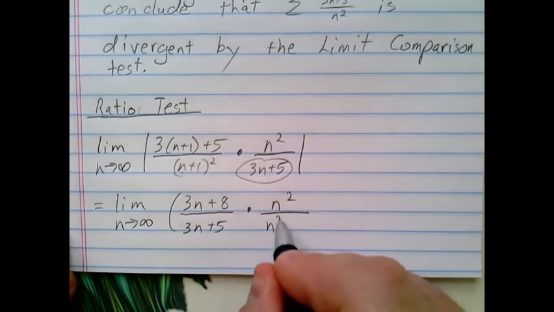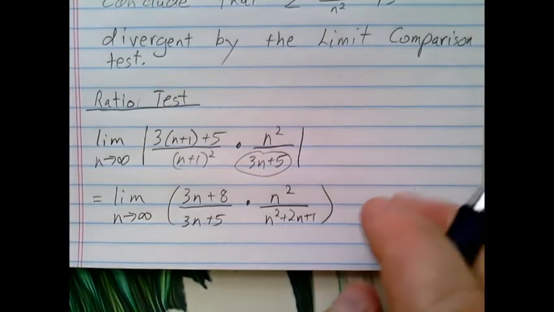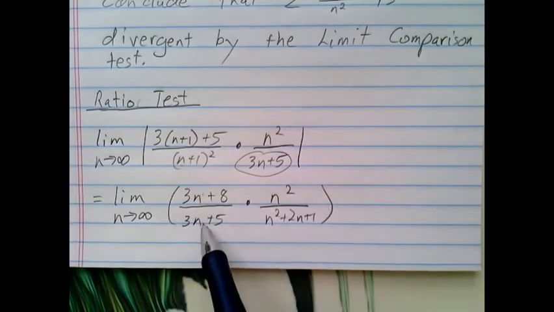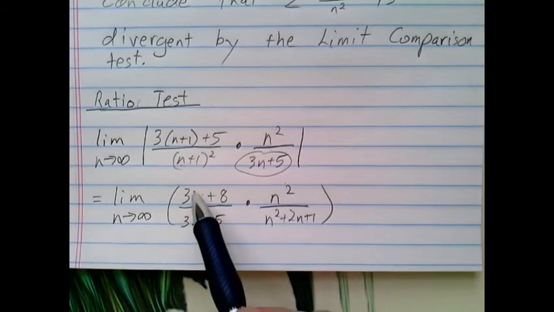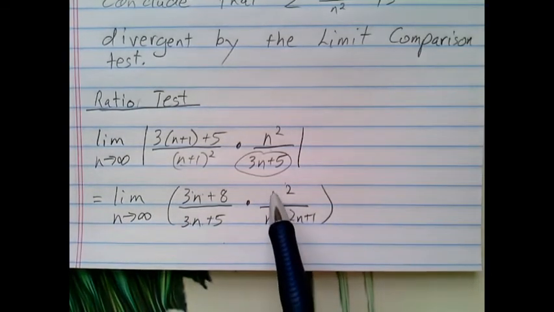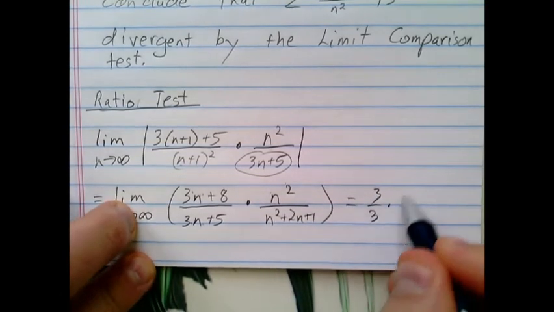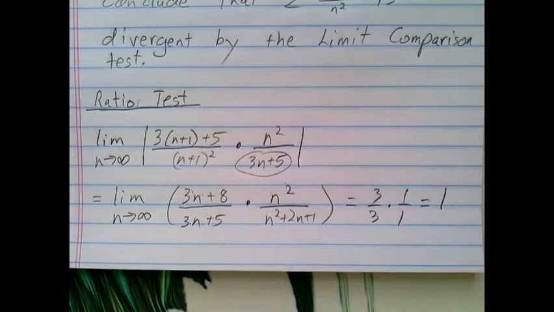N plus 1 squared is n squared plus 2n plus 1. But here's the thing. Both of these fractions, since the degree of the top matches the bottom on both of them, this one goes to 3 over 3, this one goes to 1 over 1, so this goes to 3 over 3 times 1 over 1, which is of course 1.